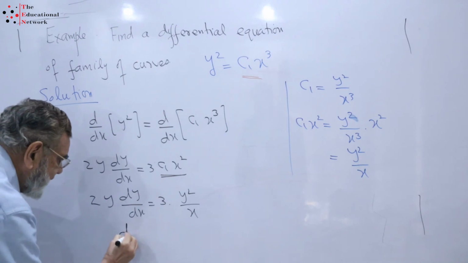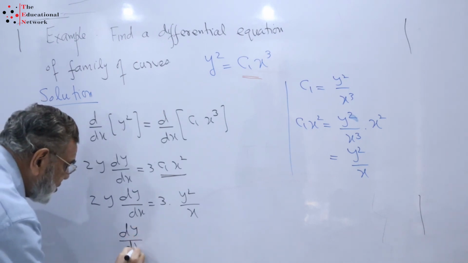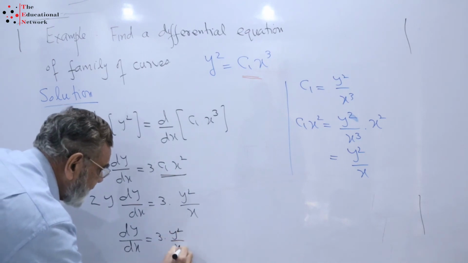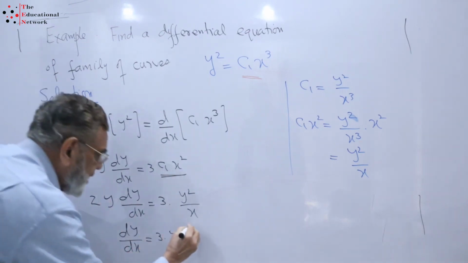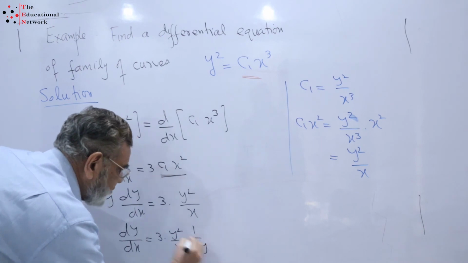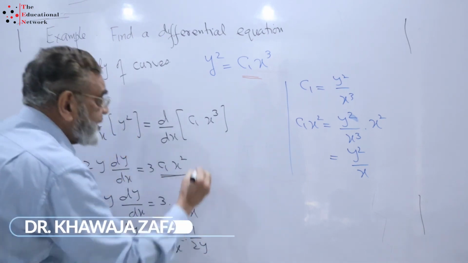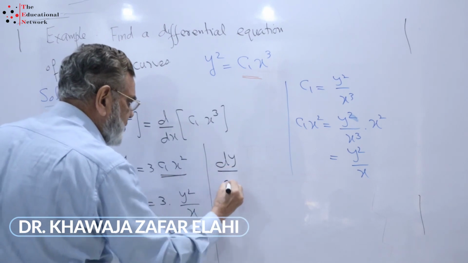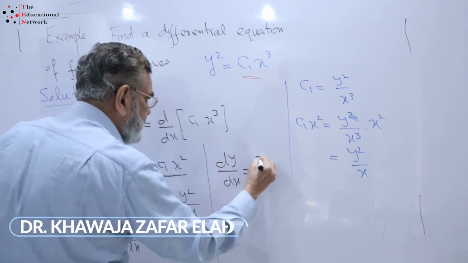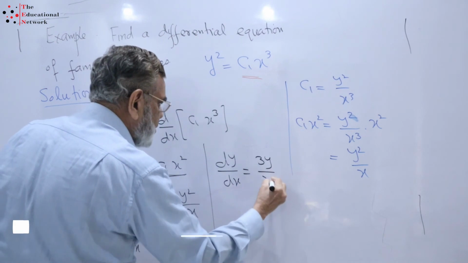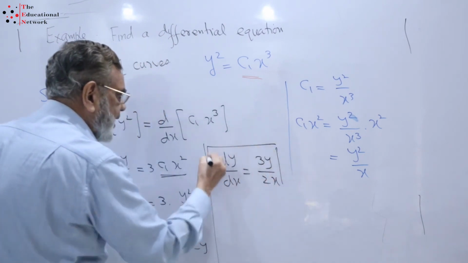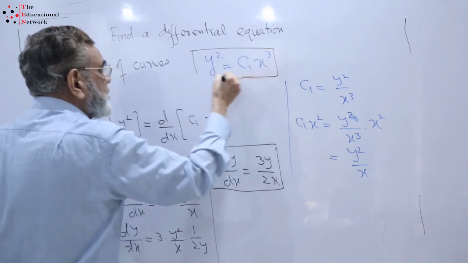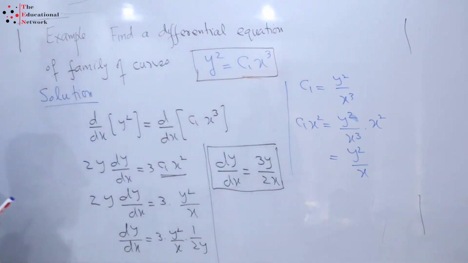We get dy by dx is equal to 3 into y square over x, and the value from the left hand side is 1 upon 2y. So y is cancelled with y. After simplification, dy by dx is equal to 3y over 2x, and this is my required differential equation for the family of curves, which is y square is equal to c1 x to the power 3.